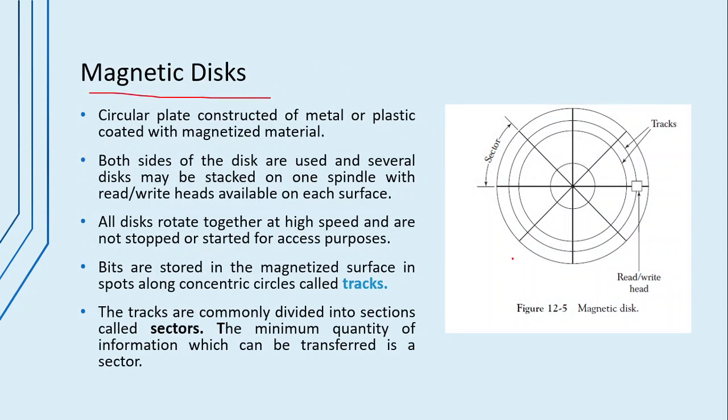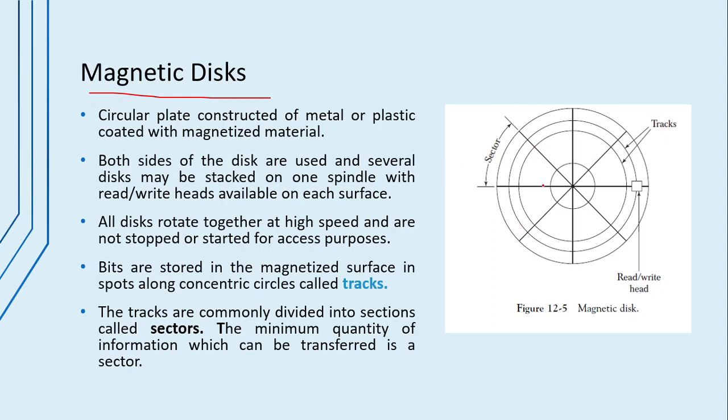Here you can see the image of a magnetic disk. It is made up of a circular plate constructed of metal or plastic coated with magnetized material. You have already seen this disk, right?